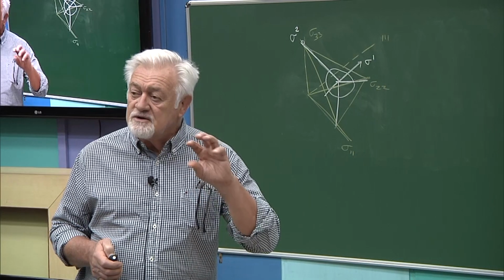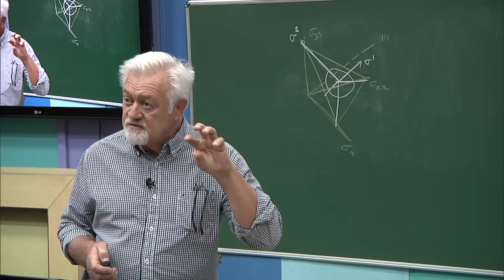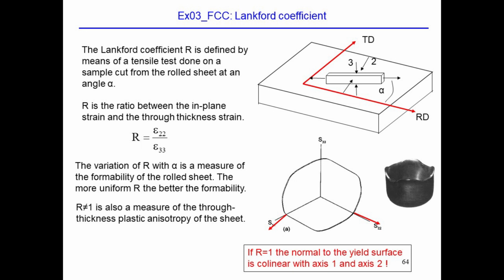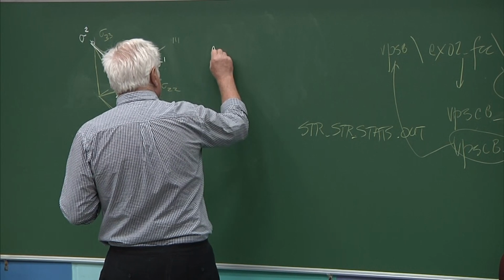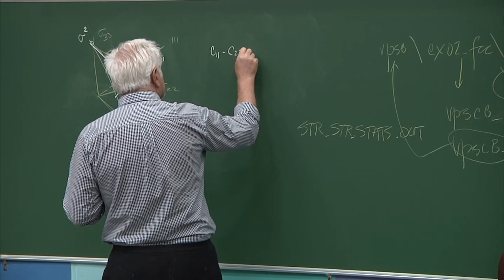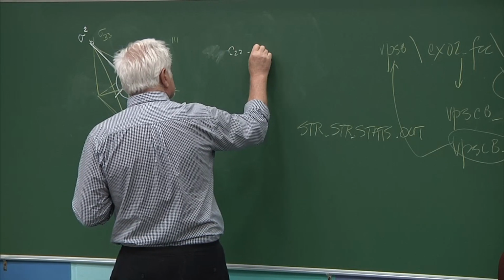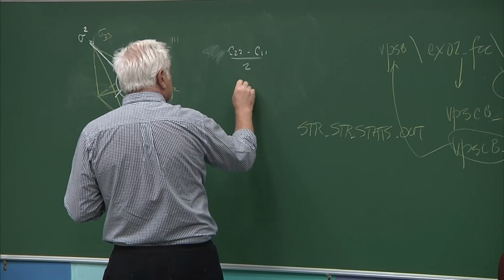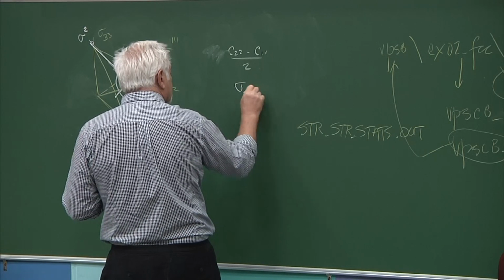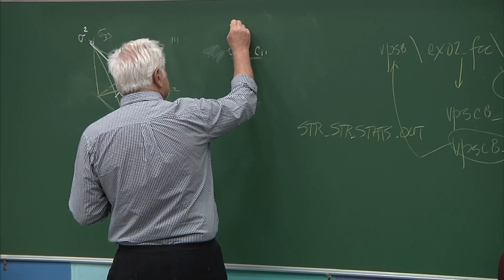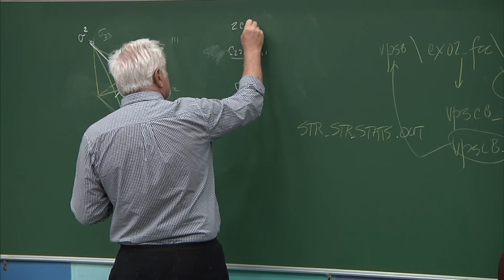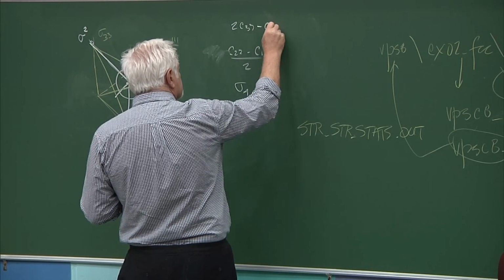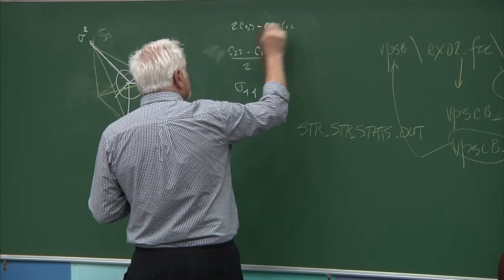If you diagonalize the stiffness tensor, the eigenvalues are, if I remember correctly, C11 minus C12 over 2, and C44, and I think, yes, 2 C33 minus C11 minus C22, something like that.